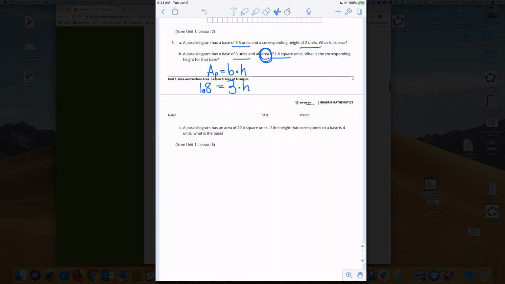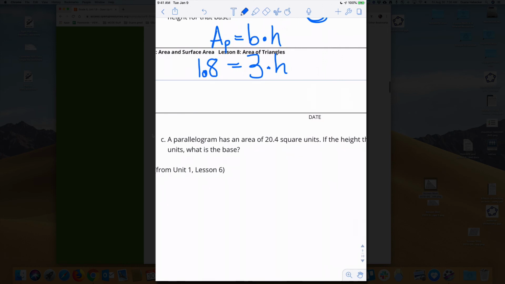And then lastly, a parallelogram has an area of 20.4 square units. If the height is 4, what's the base? Same exact problem, but slightly different details. The area of a parallelogram is base times height. We know that the area is 20.4.